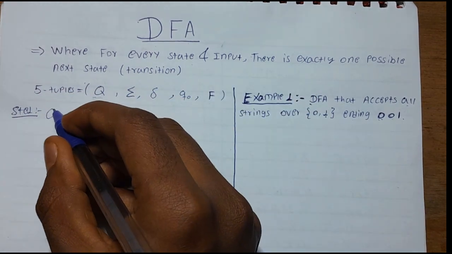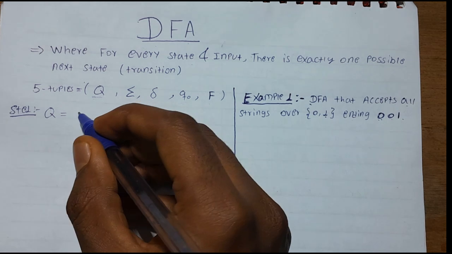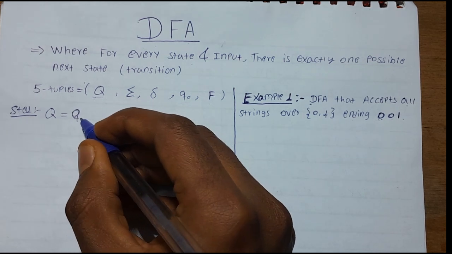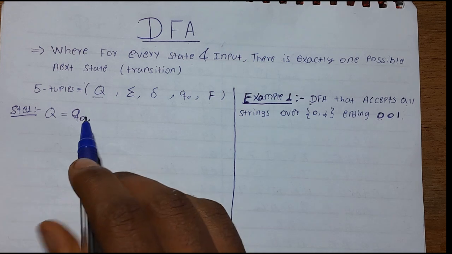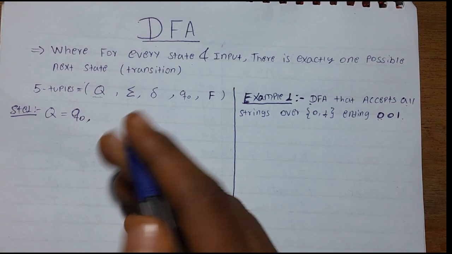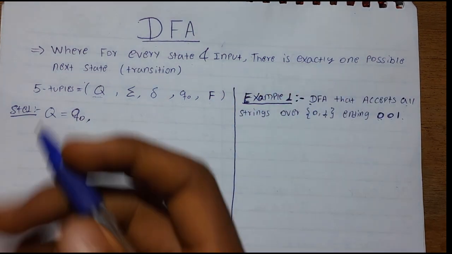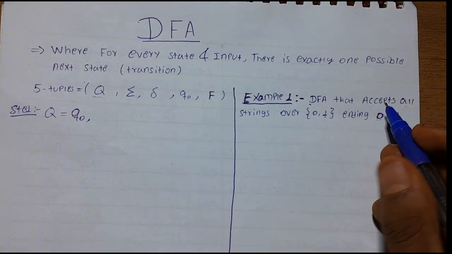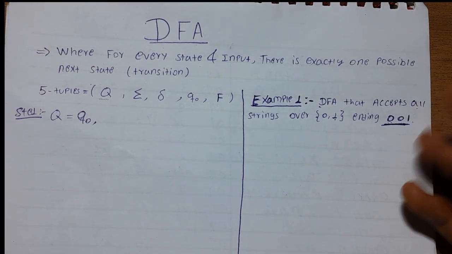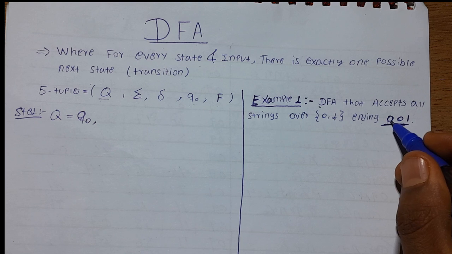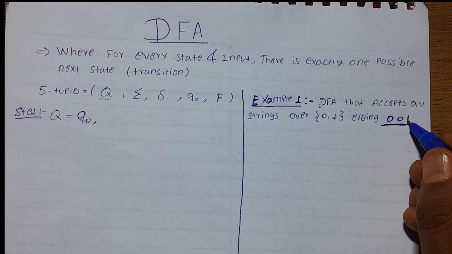first we will determine the states. The first state is the initial state, which is required, and to determine how many other states we have for this DFA, we will see the example. This one is ending in 001, so 3 digits. So we will have next three states.